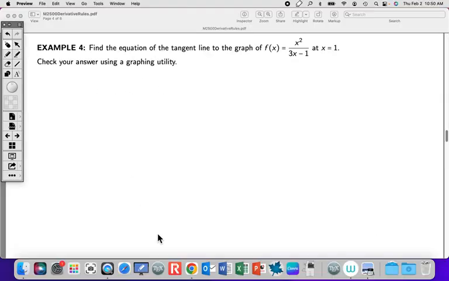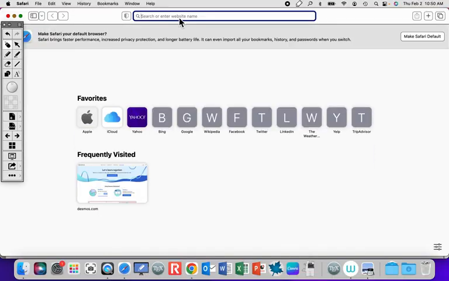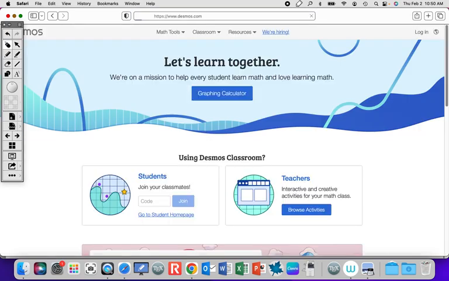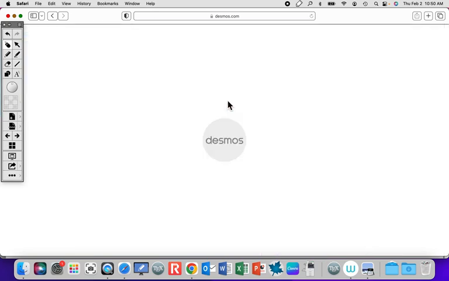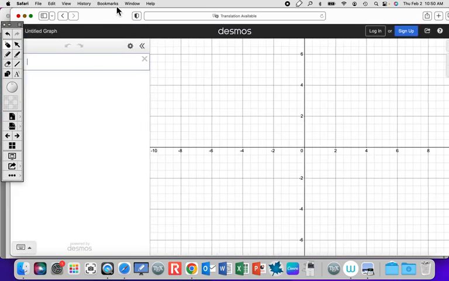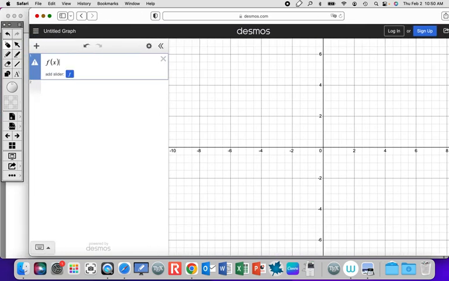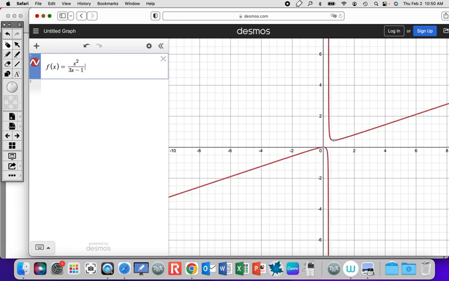So let's fire up Desmos to help us with that. So put in our function here, f of x equals, and we'll hit the division sign there. We've got the x squared over the 3x minus 1. We're going to plot the point 1 comma f of 1.